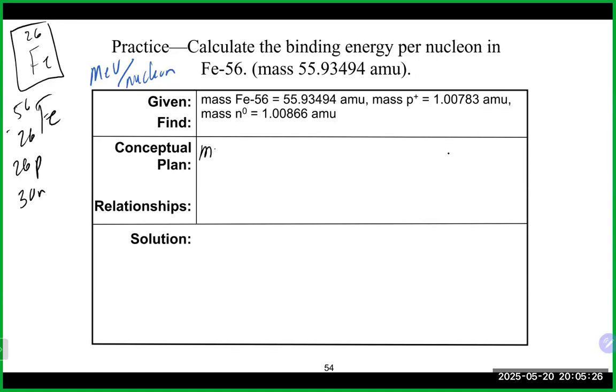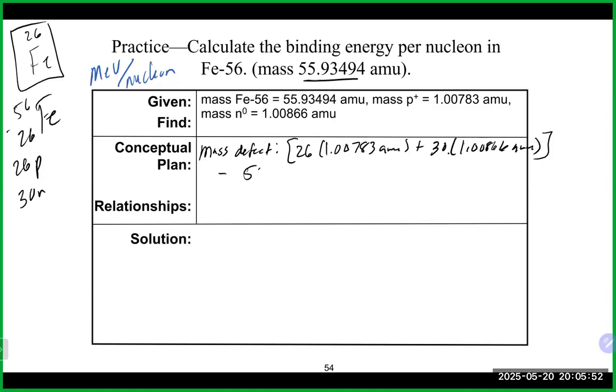So we'll start with our mass defect here. And again, we'll go 26 times our 1.00783 for our protons plus our 30 times 1.00866 for our neutrons. We're going to subtract that from our molar mass or atomic mass of our isotope, 55.93494.